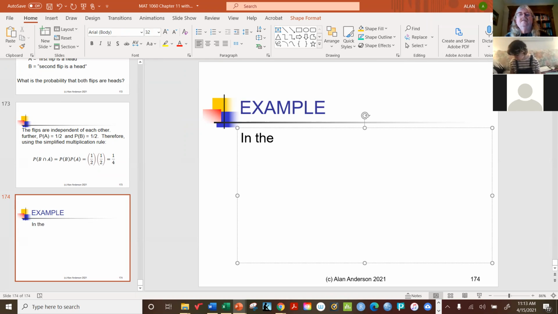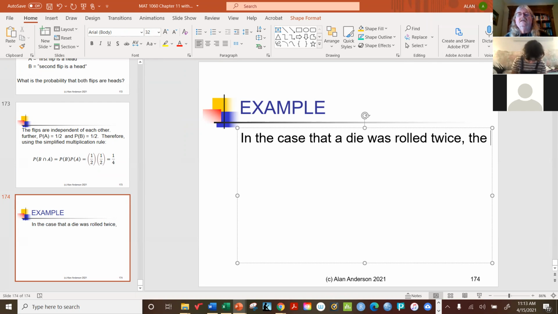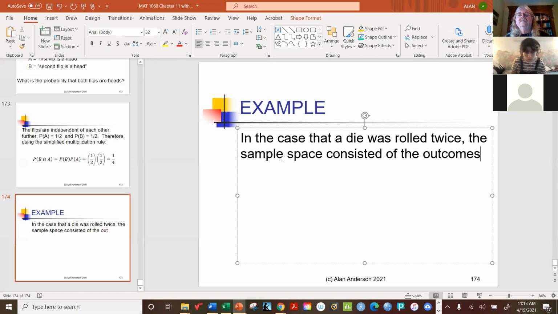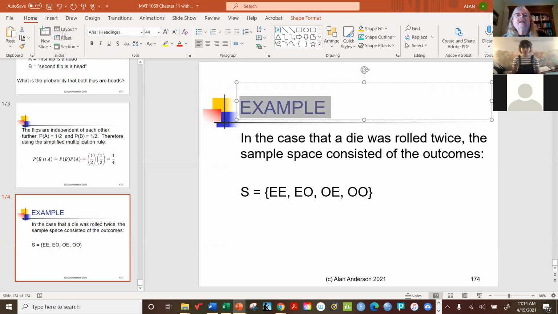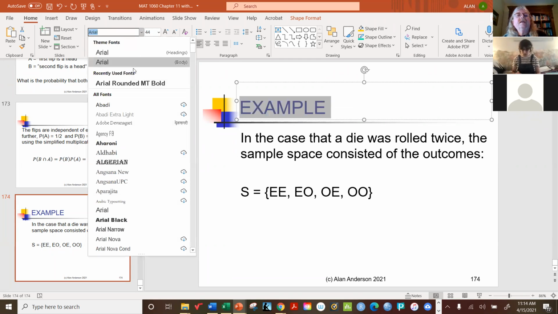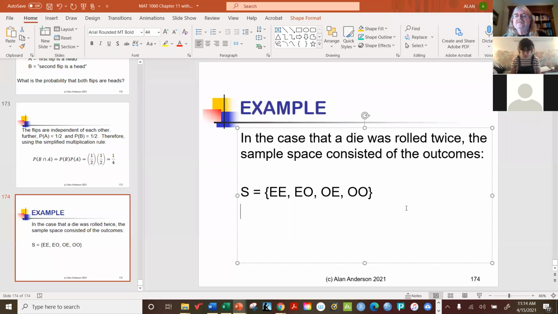In the case that a die was rolled twice, the sample space consisted of the outcomes, and you might remember we said many times that each of these is equally likely to occur. Well, now we're in a position to prove it.